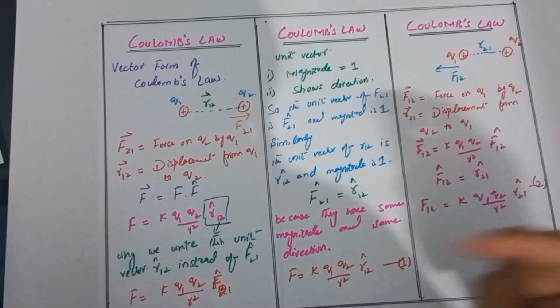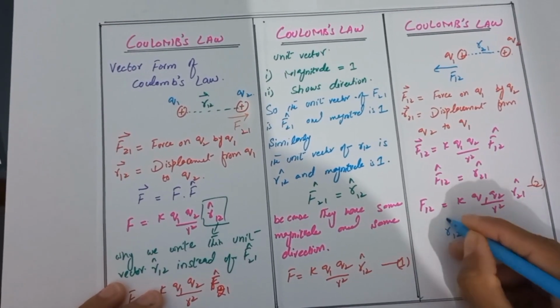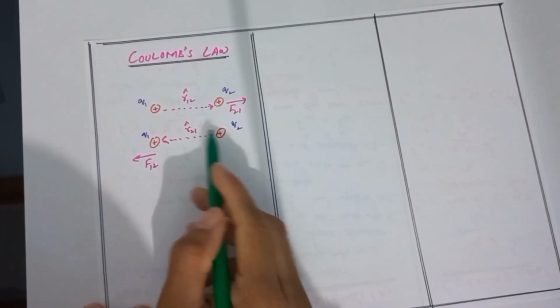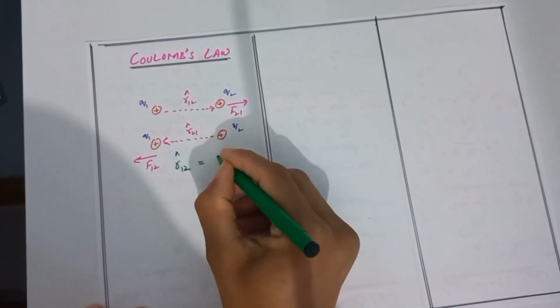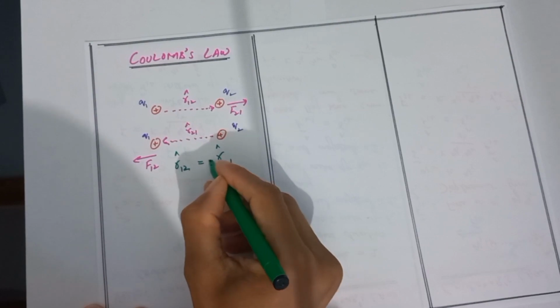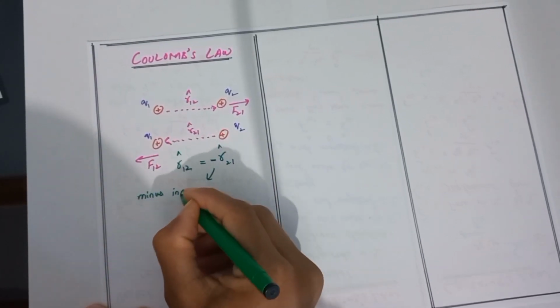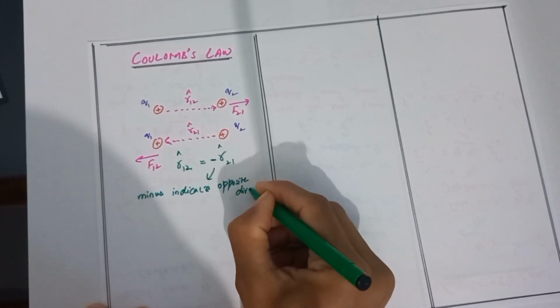Now I take the two unit vectors we got, R12 and R21. The direction of R12 is toward the right and the direction of R21 is toward the left. So R12 unit vector is equal in magnitude but opposite in direction to R21, and the minus sign indicates opposite direction.